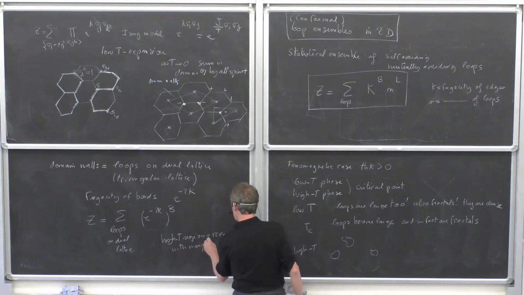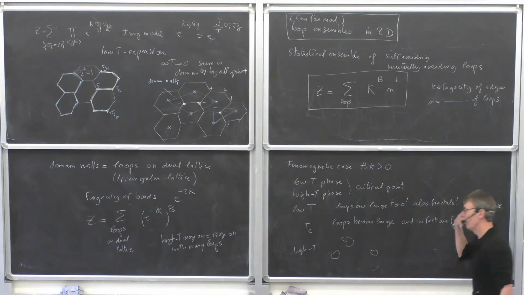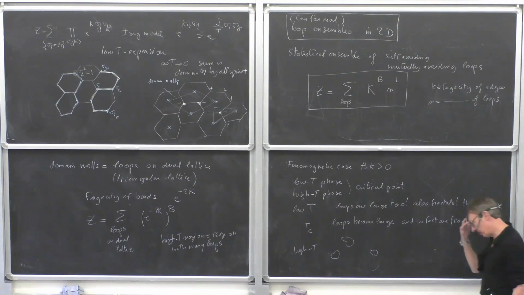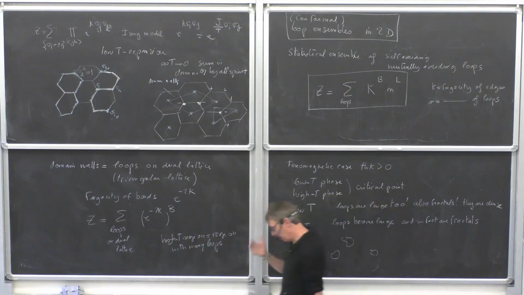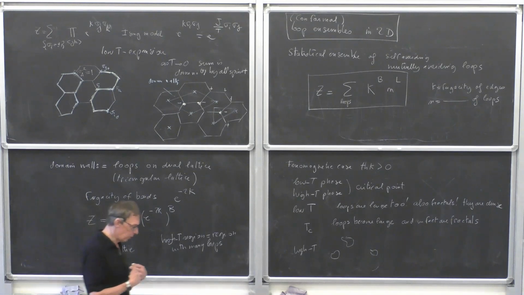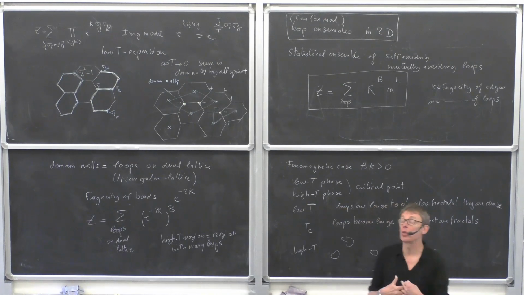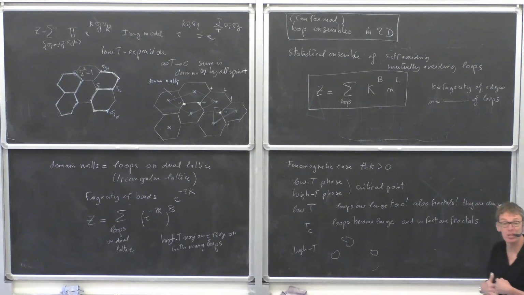So if you wish, one way to think of why this kind of region is interesting is if you think of it in terms of domains. And the question then becomes, in the high temperature region, what is the shape of the domains of spins? And you see, the high temperature region is almost trivial from the point of view of spins.